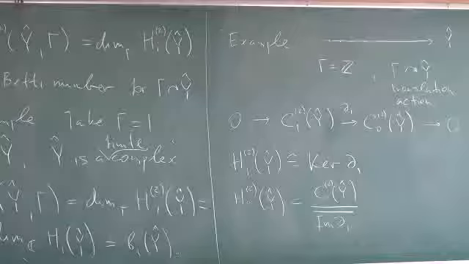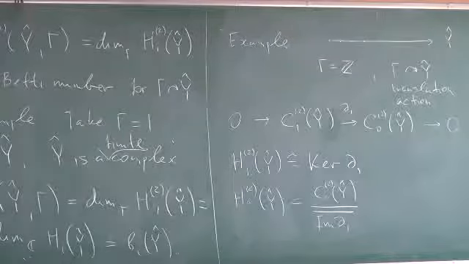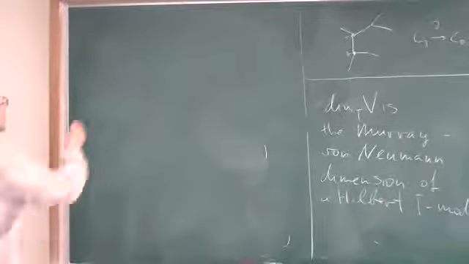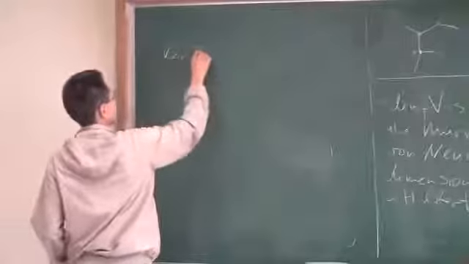As a function, the kernel must be a constant function, right? Yes, the kernel of D1 must be constant, and a constant function converges to zero. So what's the kernel of D1?